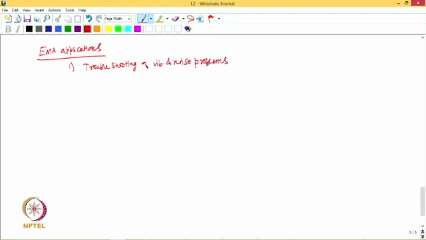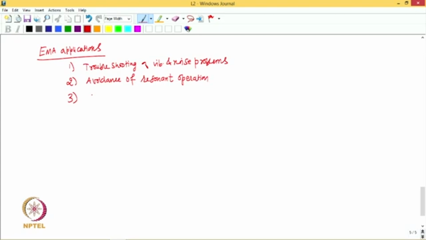We also talked about how the modal test data can be used for avoidance of resonant operation.